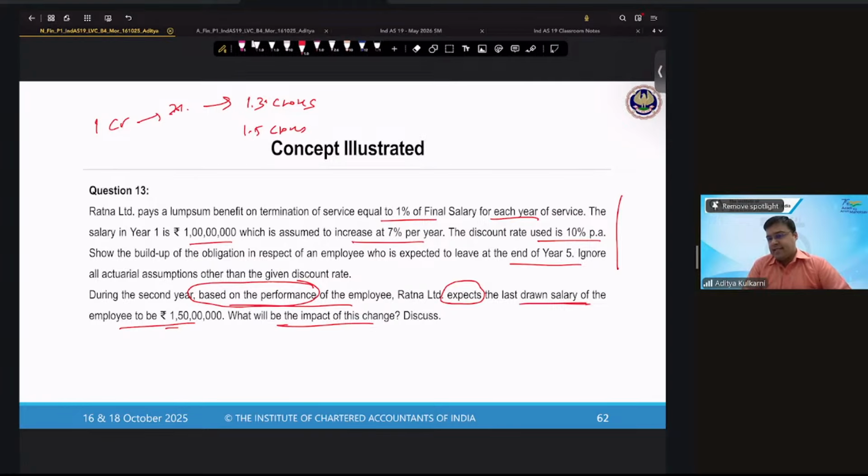So can I say that I am changing a fundamental assumption in this particular case? The 7% increase is what I am changing, right? So can I say it is a change in a fundamental assumption?